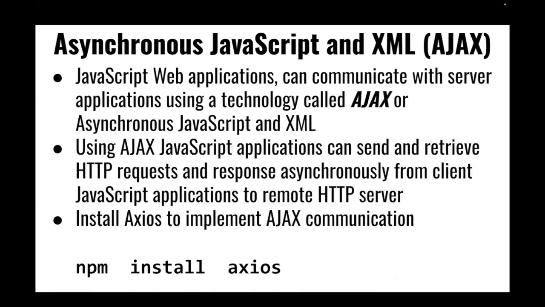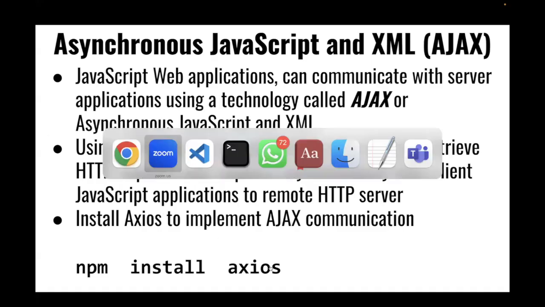So what we're going to do is use a library that is going to allow us to talk to the server programmatically. Send these requests, this GET, POST, PUT, DELETE, behind the scenes, without us having to click on a URL or type it in ourselves. We can do this automatically. That library is called Axios. So let's do that.